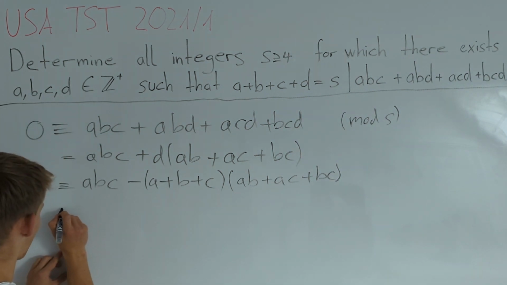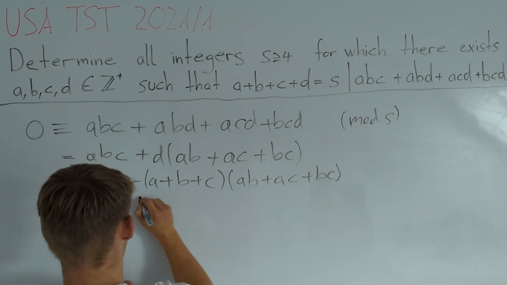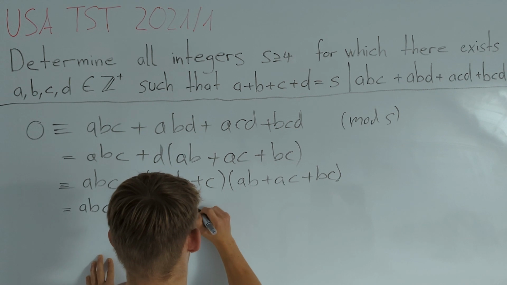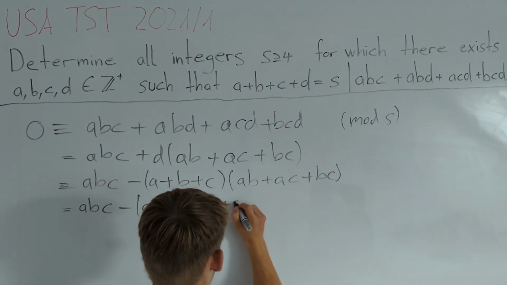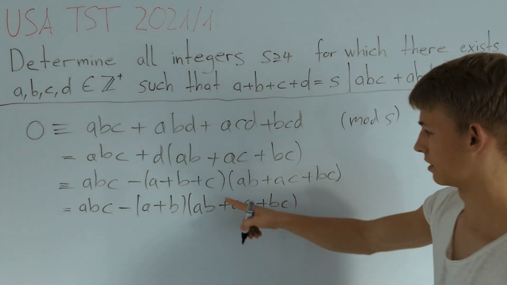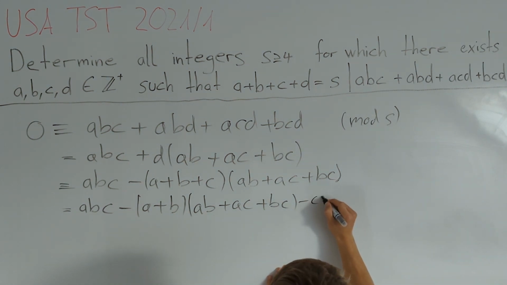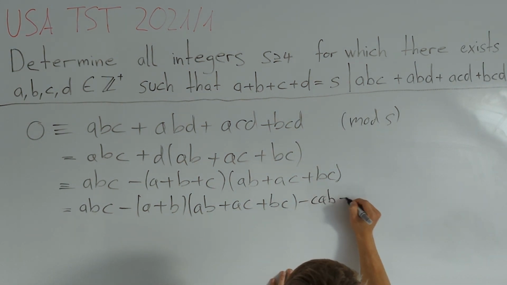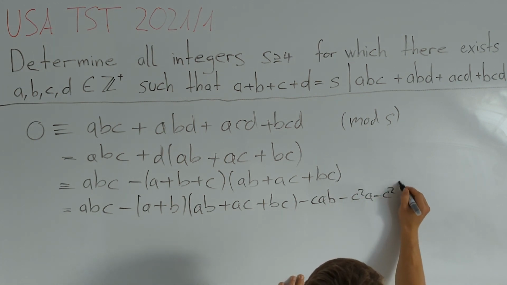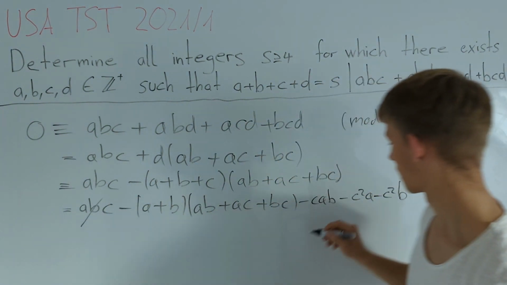Thus we get that this is equal to abc minus (a plus b) times (ab plus ac plus bc), and now c times the second factor, which is minus cab minus c squared a minus c squared b. And as I already said, the abc cancels out.